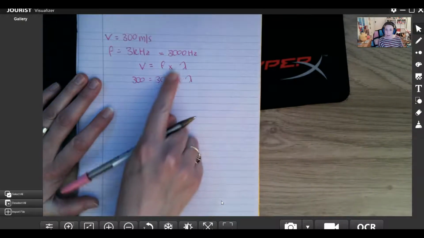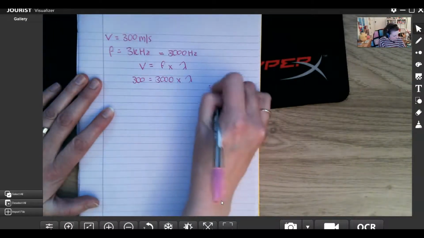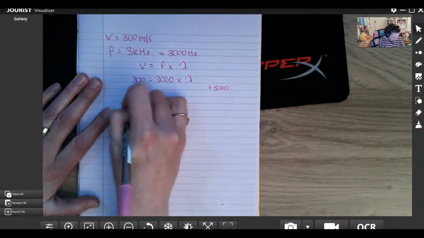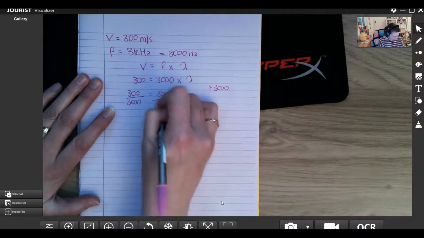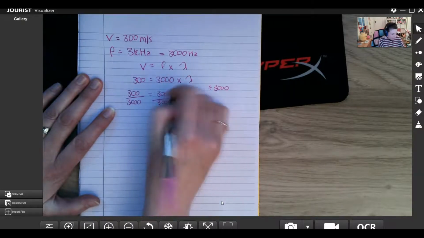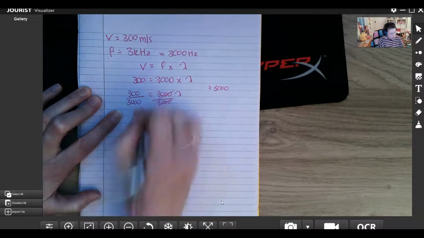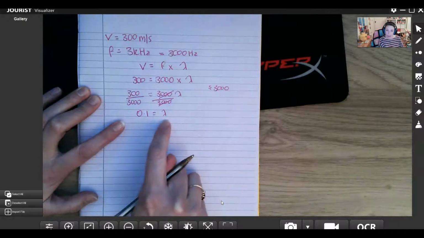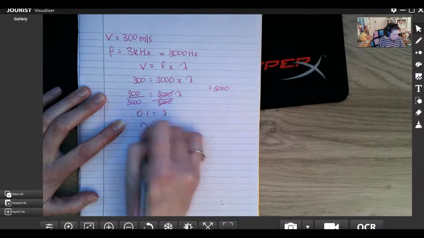So I'm going to divide both sides by 3,000 to get rid of the 3,000. They cancel out and I have 300 over 3,000, which is 0.1. Okay, remember that upside down Y is lambda, and that's wavelength. So lambda is 0.1 meters.